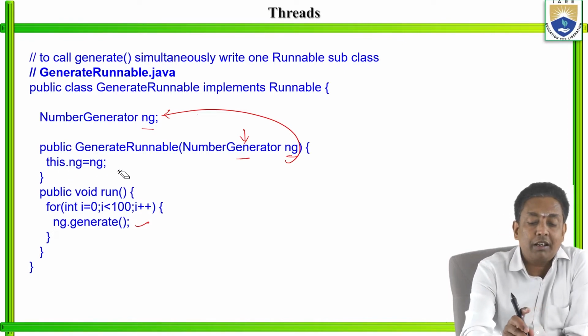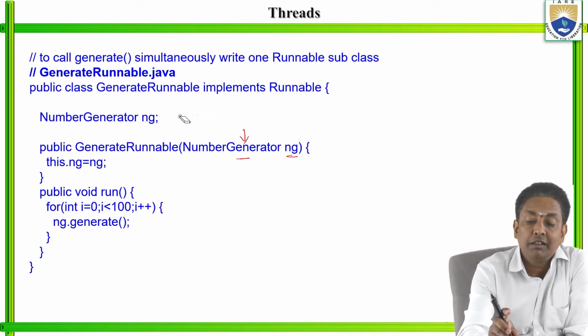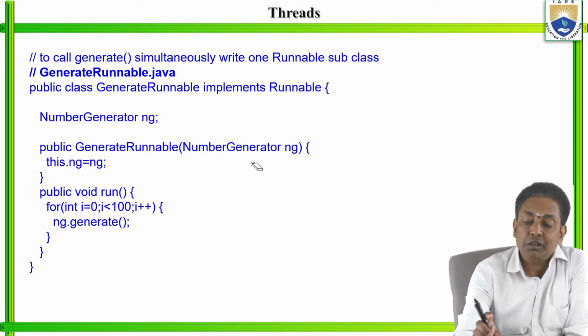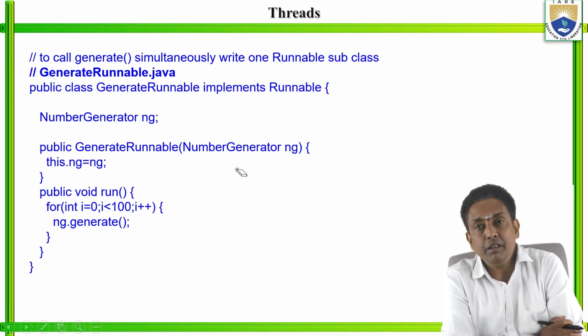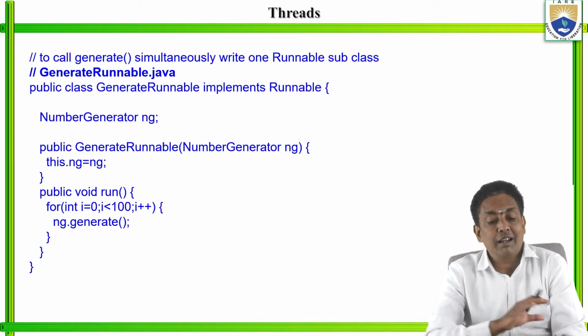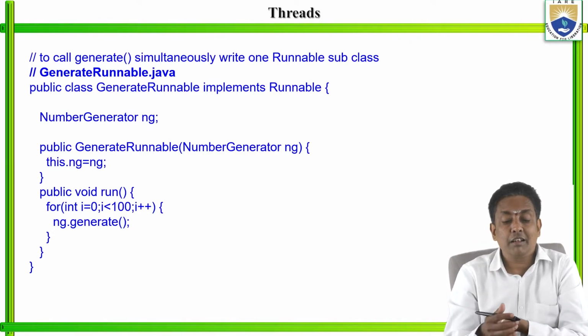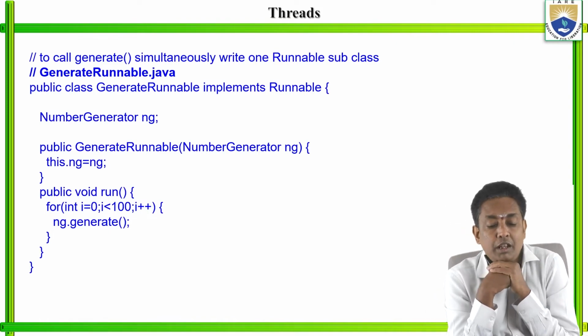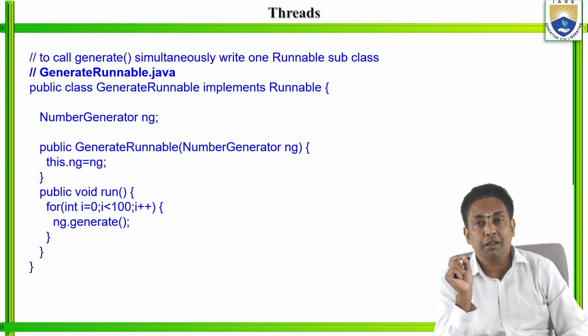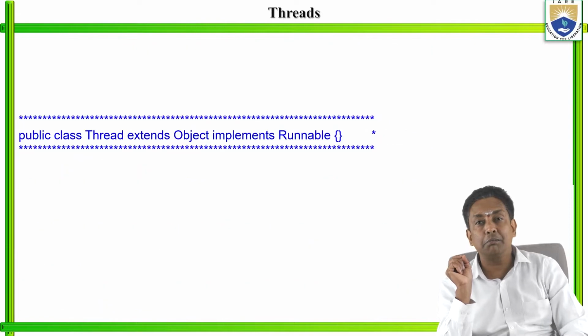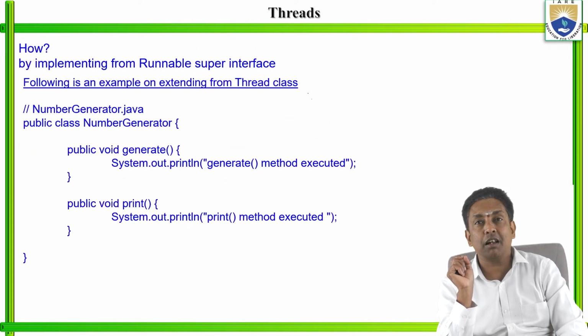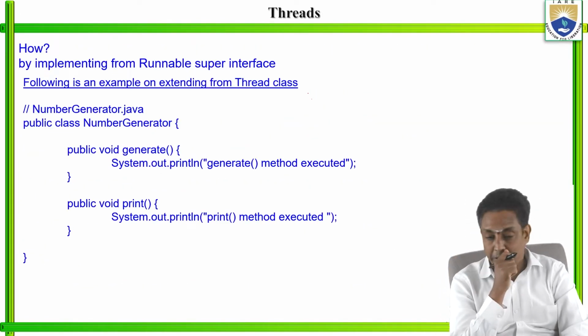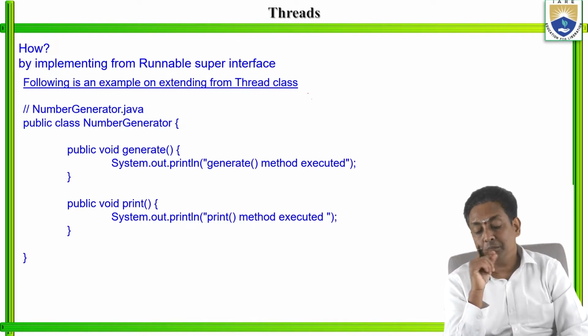Why we are calling the generate method here 100 times or 50 times or 500 times is because it doesn't mean that in threads each method is called 50 times or 100 times. Methods are actually implemented in the generate and print methods.